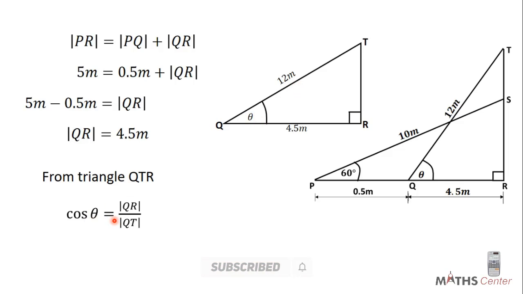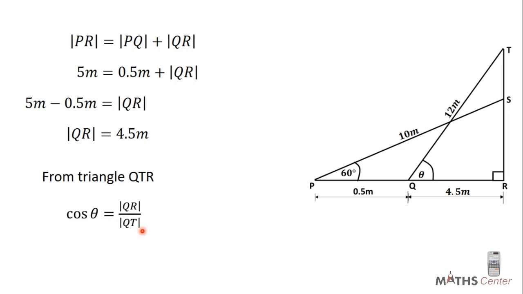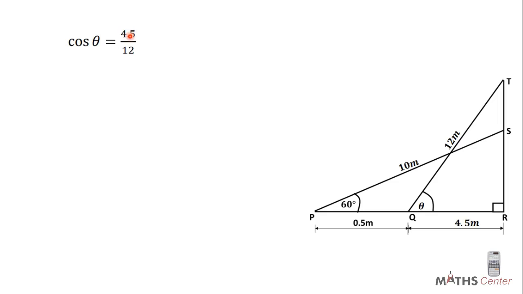So cos theta is equal to adjacent, which is QR, divided by hypotenuse, which is QT. QR is 4.5 meters, QT is 12 meters. So cos theta is equal to 4.5 meters divided by 12. Theta will give us cos inverse of 4.5 divided by 12.